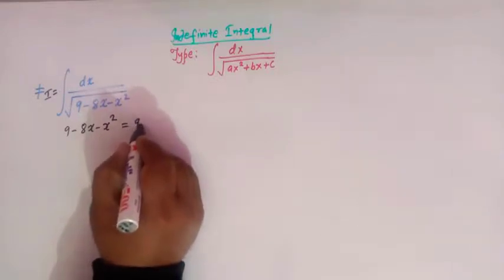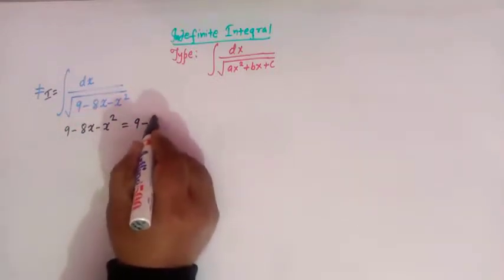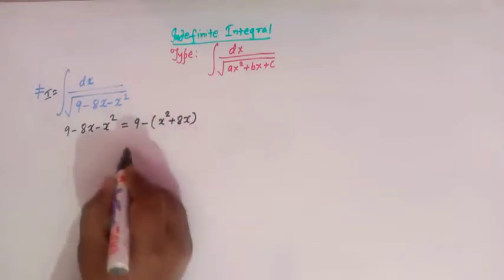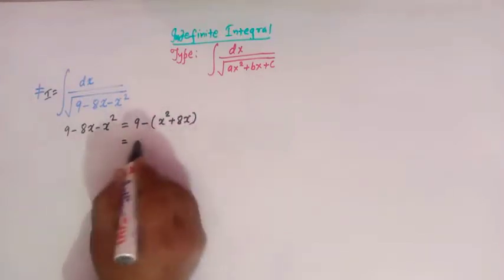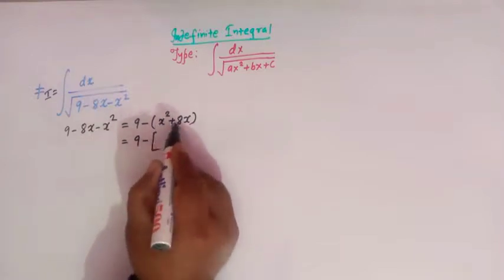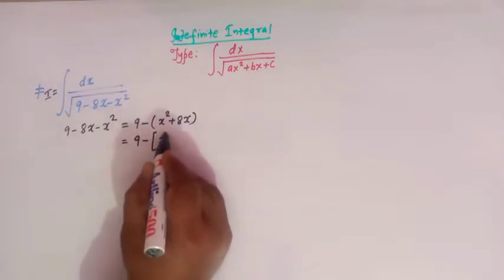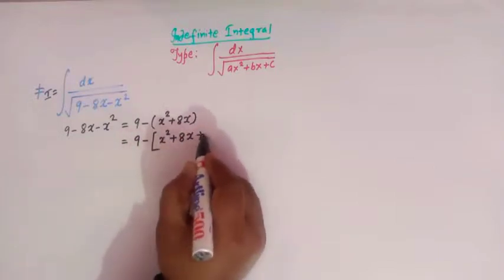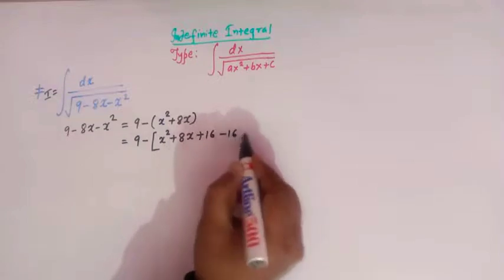Now we can write it as 9 minus x square plus 8x. And now this can be written as 9 minus, and here we have x square plus 8x, so we can write it as x square plus 8x plus 16 minus 16.